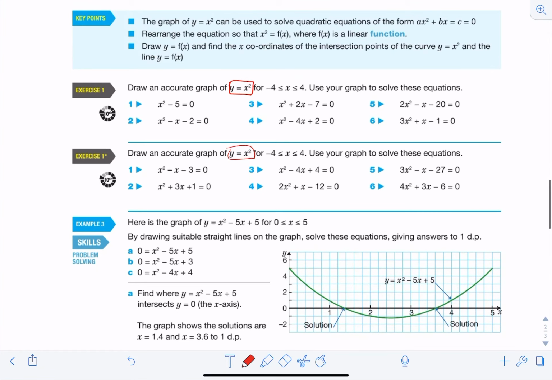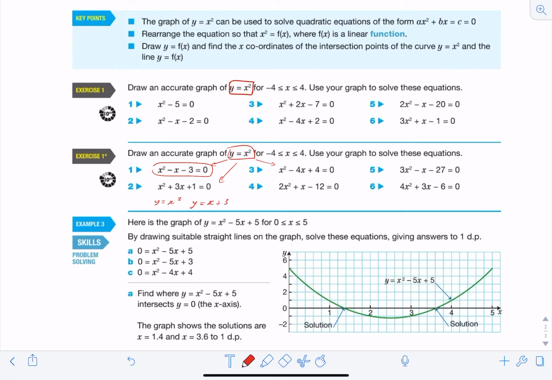So from those, you should be able to rearrange it so you've got your x and your constant on the other side. So for example, if I took question 1 here, I would be graphing y equals x squared and y equals x plus 3.